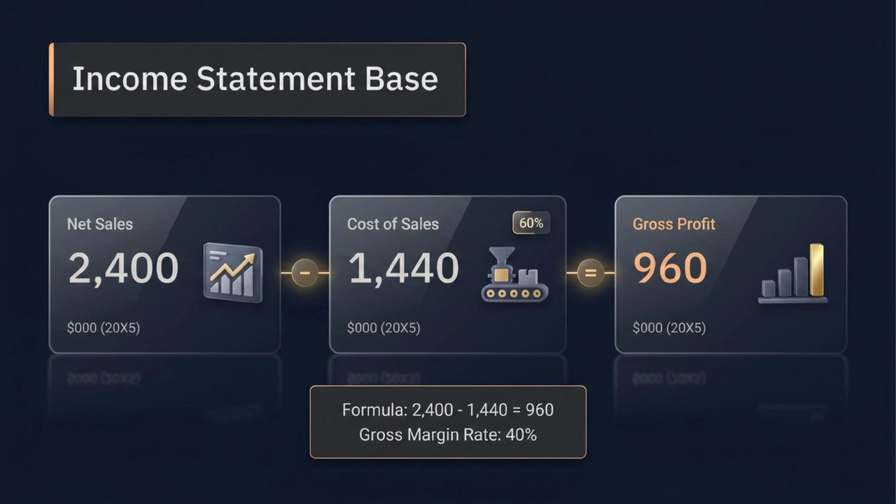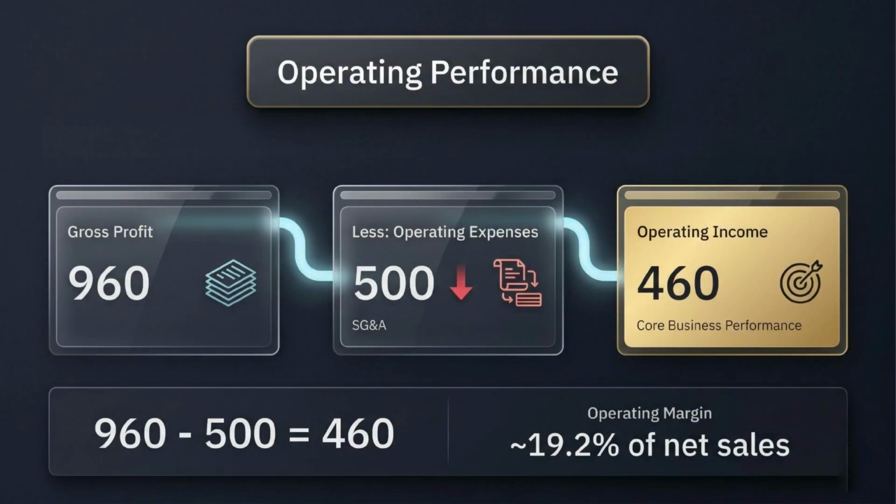Before we discuss OCI, we need a strong income statement foundation because comprehensive income does not rescue a weak calculation at the top. Next, we move from gross profit to operating income. Northbridge has operating expenses of $500,000, including selling, general, and administrative costs.